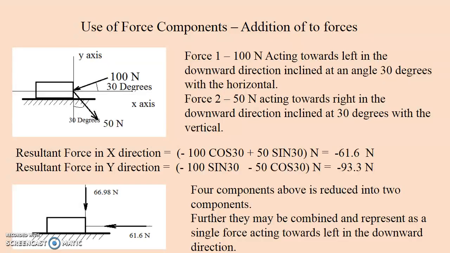So the x component 61.6 newtons is acting towards left, and the resultant y component 93.9 newtons is acting in the downward direction. Now we can combine these two and write it as a single force. This is how we use the resolution concept in adding two forces. Thank you.